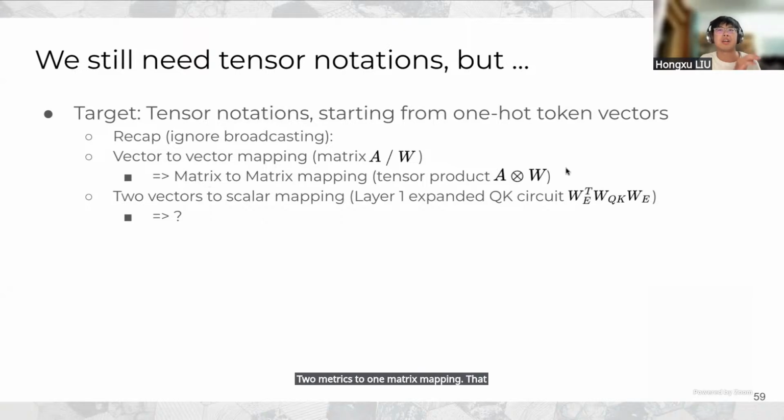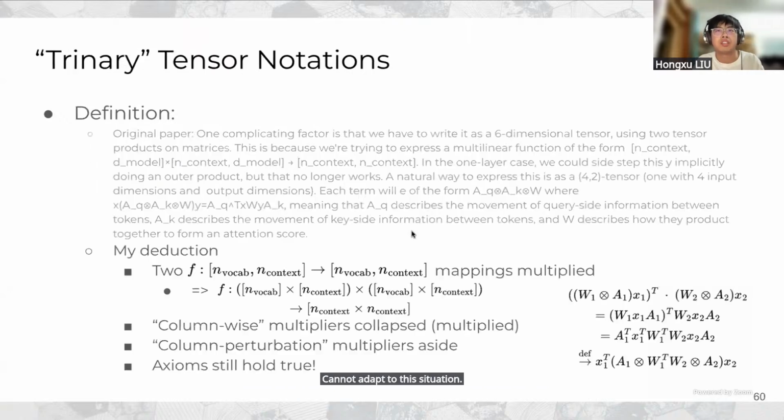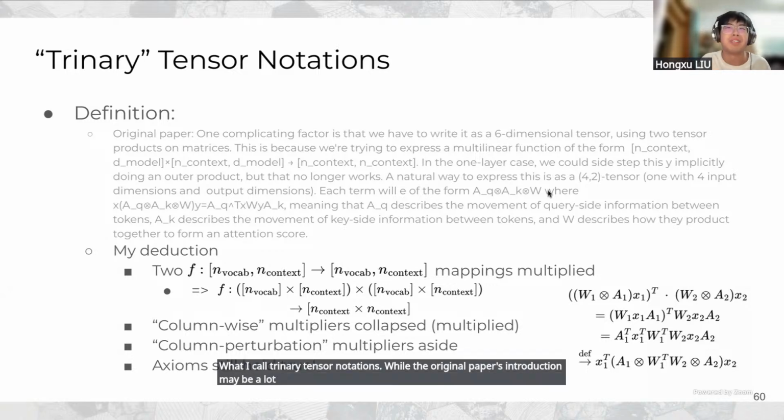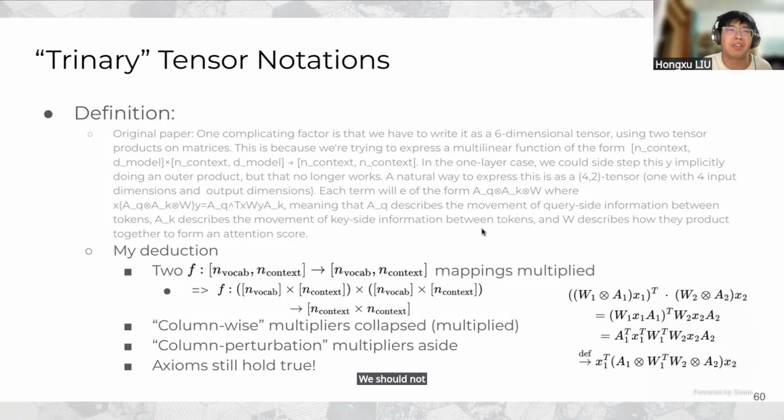That is like the bilinear mapping I introduced before, and maybe the original definition of tensor notation cannot adapt to this situation. So the authors proposed what I call trinary tensor notations. The original paper's introduction, maybe we should not read it. It is hard to understand.